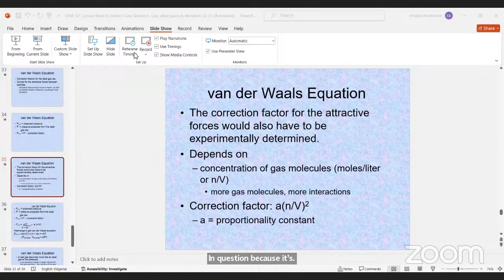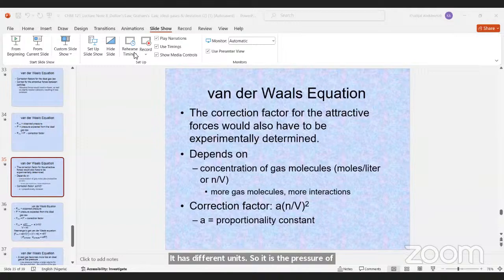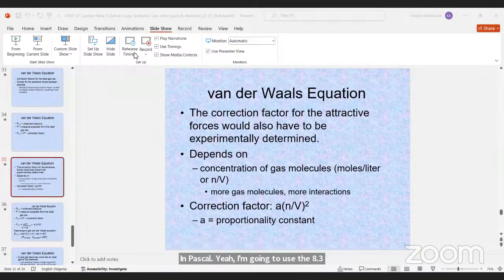A question is here: how do we know the value of R to use? It has different values because it has different units. It is the unit of pressure that determines which one to use. If R is equal to 0.0821, that unit of R has the pressure in atmosphere. So if you are given a calculation with pressure in atmosphere, then you use that value of R. If it is in Pascal, then you use 8.314.